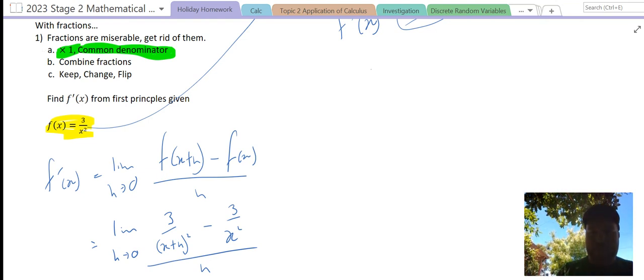So, for example, if I had a half plus 2/3, you guys would know that you need a common denominator. The process of getting a common denominator actually involves multiplying by 1. So I would multiply by 1 by doing this.